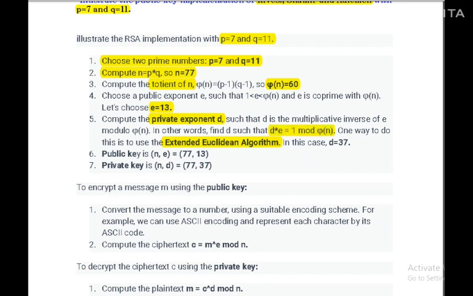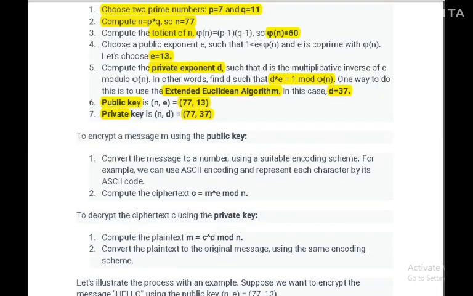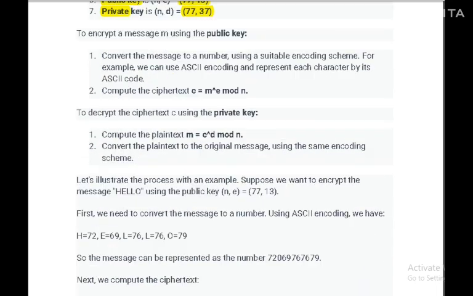If you calculate this using the equation, then we will get d equals 37. So now we can say that the public key for the system will be 77 and 13, and the private key used for decryption in the system will be 77 and 37.